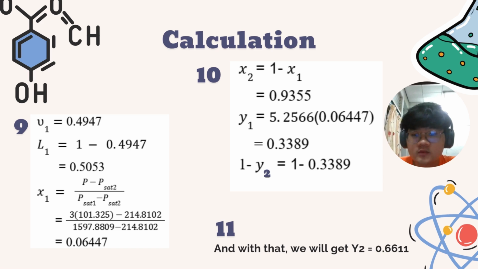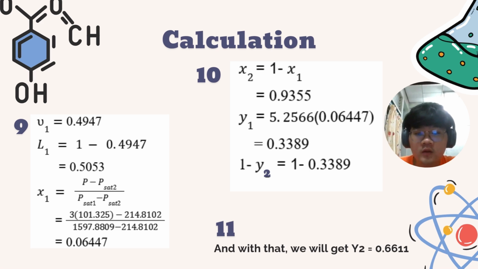And we further calculate S1, which is given by the formula S1 equals P minus P saturated 2 over P saturated 1 minus P saturated 2, and we get the value 0.06447, and we further calculate S2 is 0.9355. So this means that in 0.5053 mole of liquid, they will contain about 6% of the ethane and 93.55% of the propane.